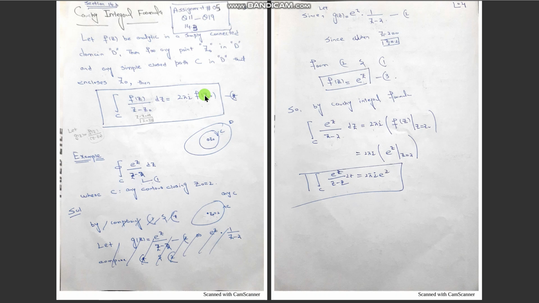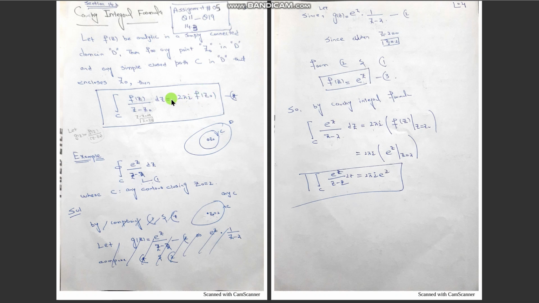This formula says that if z0 is a singular point of the integrand and z0 lies inside C, then the integrand can be described by f of z over z minus the singularity, and the integration of this function will always be 2 pi iota into f of z0.